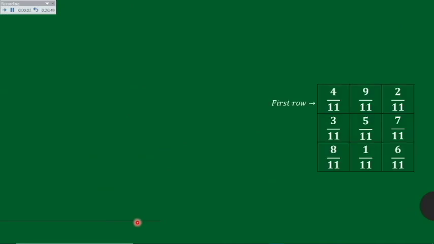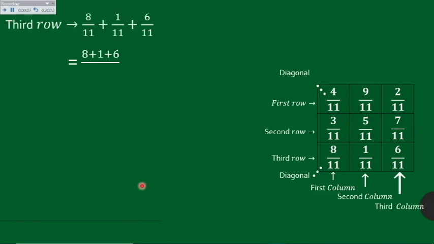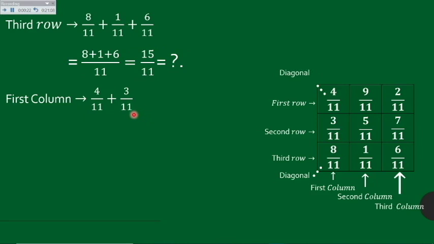Now third row, same thing, 8 plus 1 plus 6 equals 15, and the denominator is the same, so we will write it as it is. Now first column, 4 upon 11 plus 3 upon 11 plus 8 upon 11.